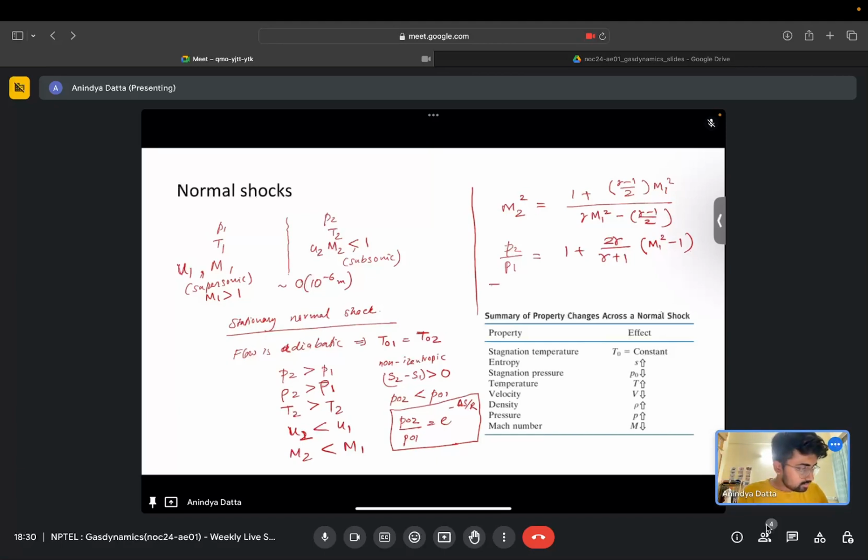Once you know the upstream and downstream Mach numbers, since the total or stagnation temperature stays constant across the shock, you can use this expression to find the temperature ratio.